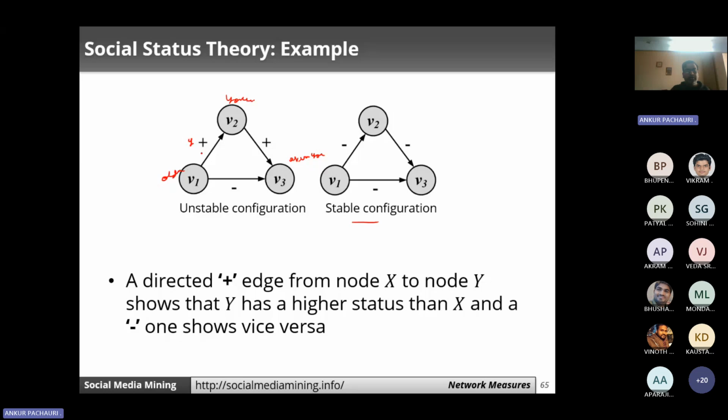So this is older. No, it cannot be. V1 is younger than V2, so that means V1 is older than V2? Okay. V2 is younger than V3. So that means V2 is younger than V2.